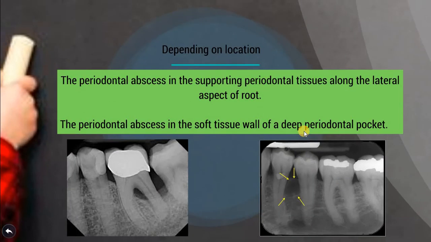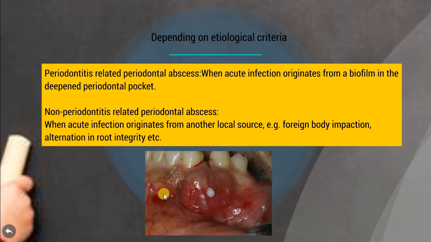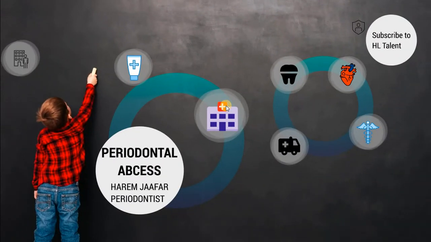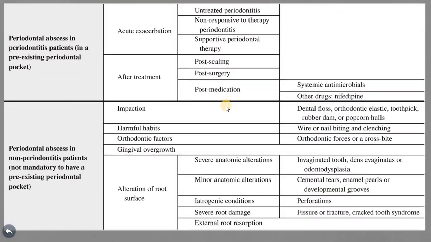Regarding the location, we have either a lateral periodontal abscess alongside the lateral wall of the root, or a periodontal abscess associated with the pocket. Depending on etiological factor, we have either periodontitis-related or non-periodontitis-related periodontal abscess. I'll talk about it later. So this is regarding the classification.